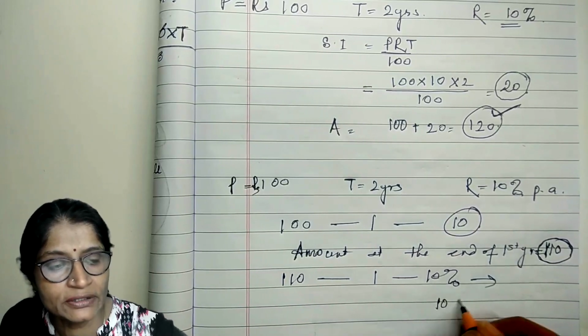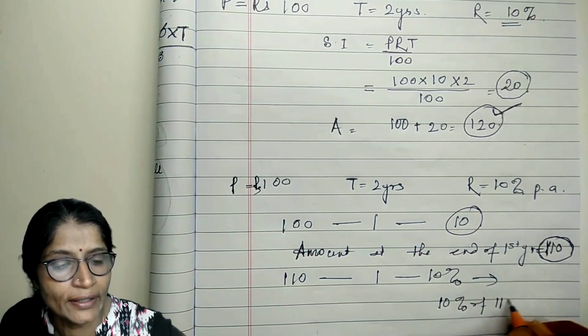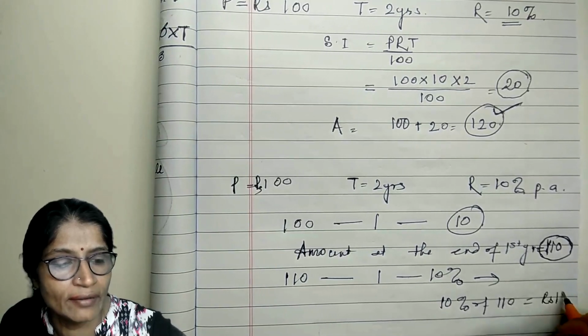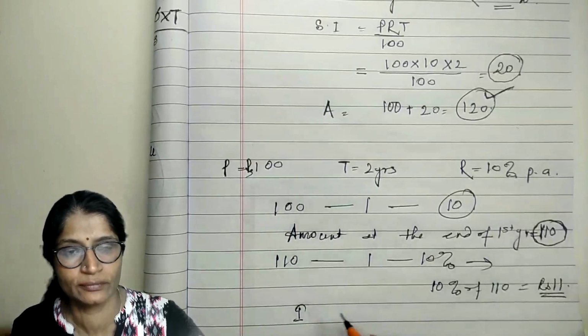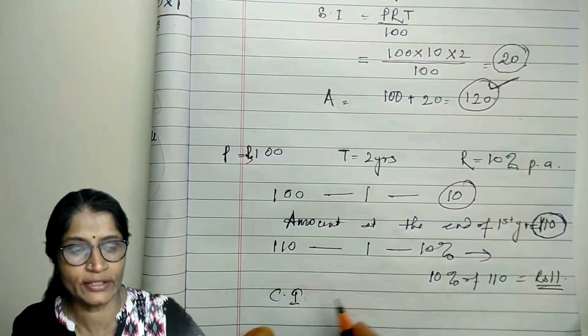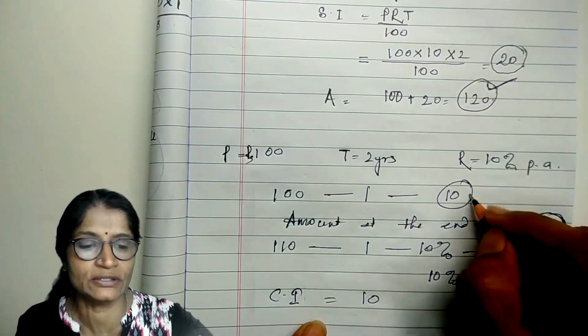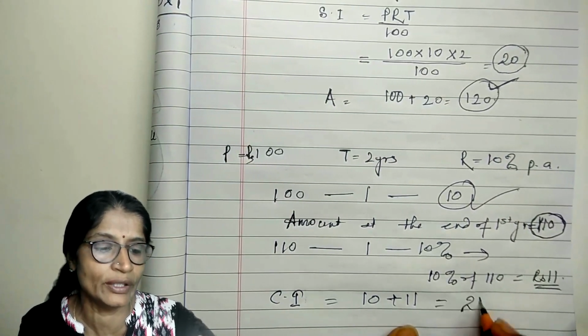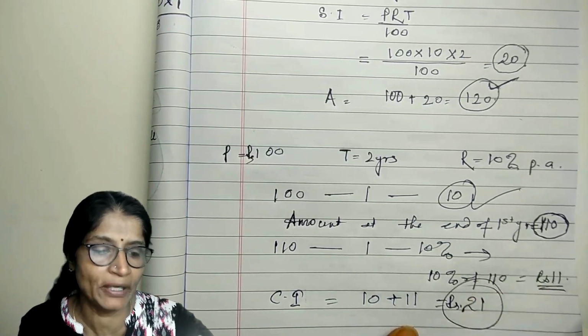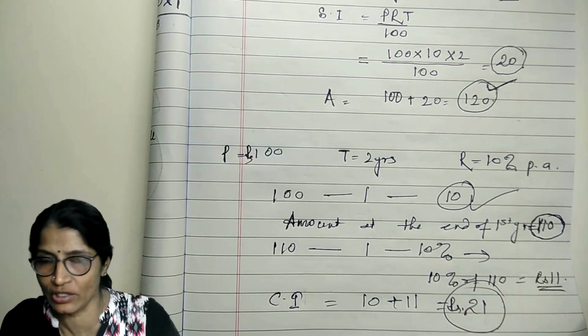That is 10% of 110, that is equal to rupees 11. So in total, what is the compound interest? 10 rupees in the first year and 11 rupees in the second year. So total 21 rupees. So you have to pay 21 rupees extra.